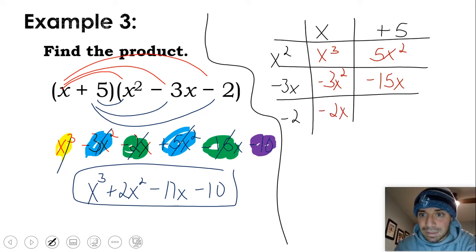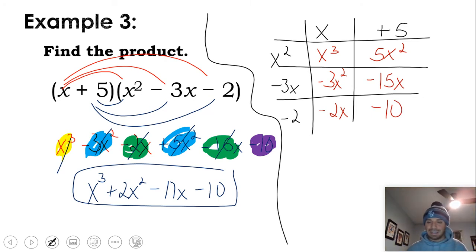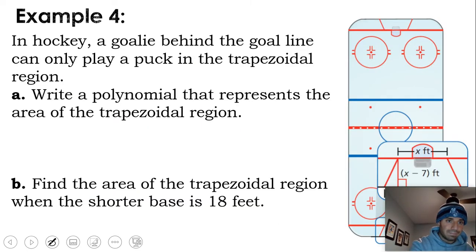And negative 2 times the 5 there is going to be a minus 10. Notice that I got all the same things, and then I would just combine my like terms here as well. So if you're comfortable with the table technique, use the table technique. If you're comfortable with the distribution technique, use the distribution technique.